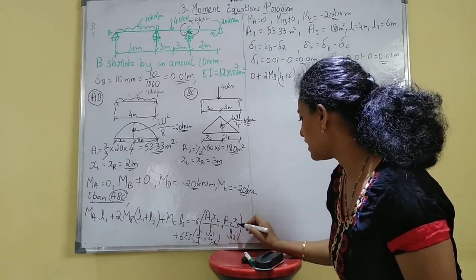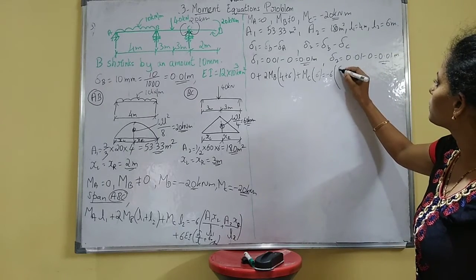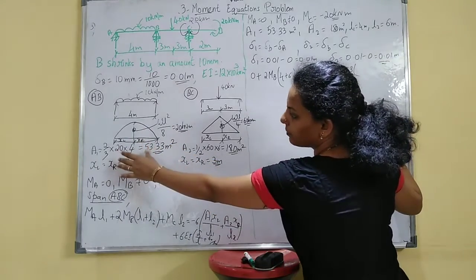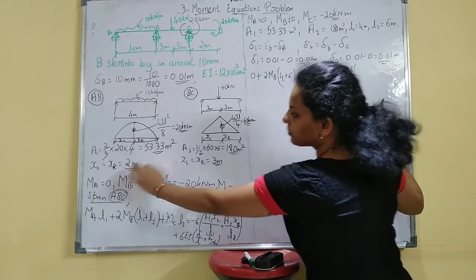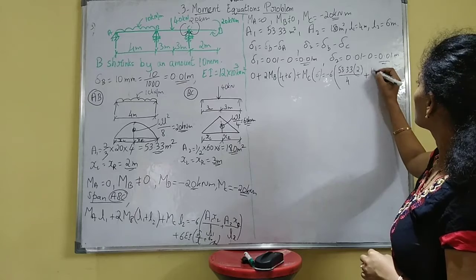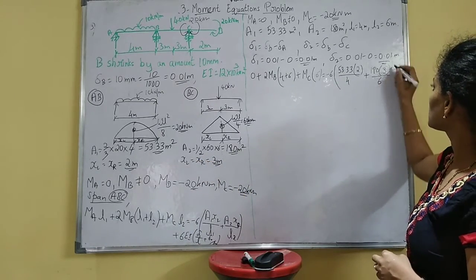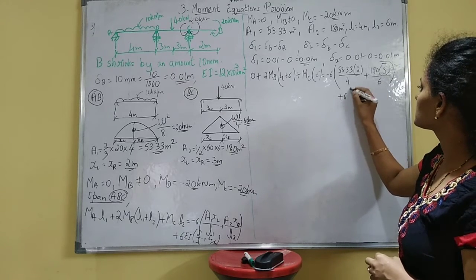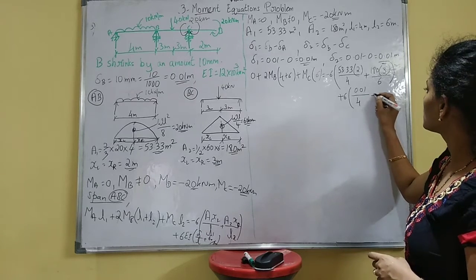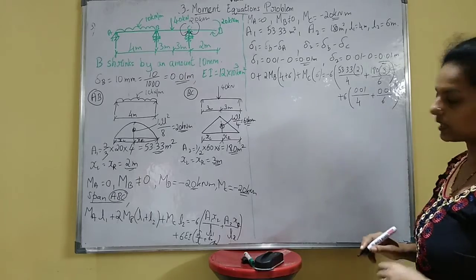Here this is L and this is R. A1 is nothing but 53.33 into XL of the first span, that is XL is nothing but 2 meter divided by 4, plus 180 into XR, here it is 3 meter divided by 6, then plus 6 into delta 1 is 0.01 by L1 is 4 plus 0.01 by L2 is 6.